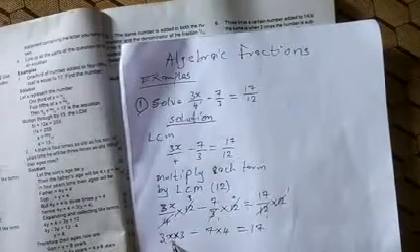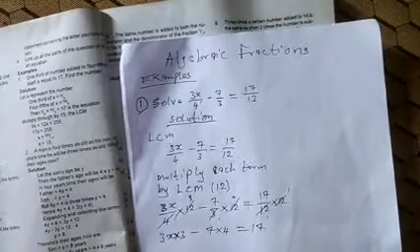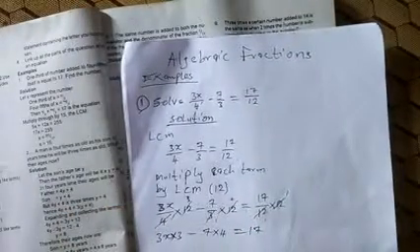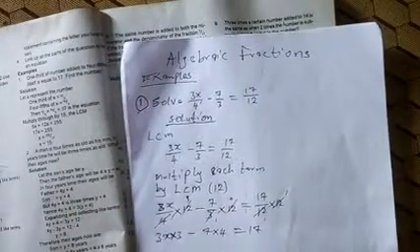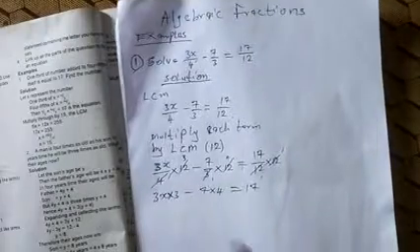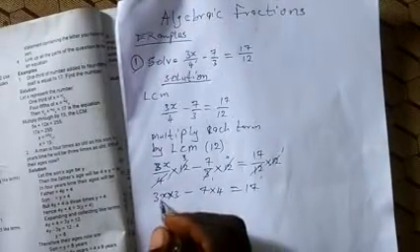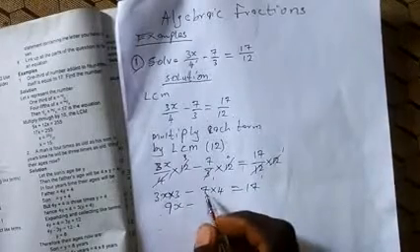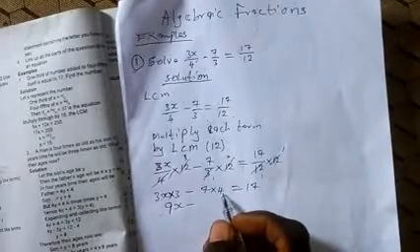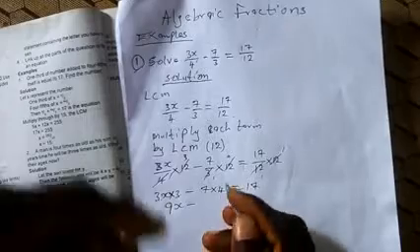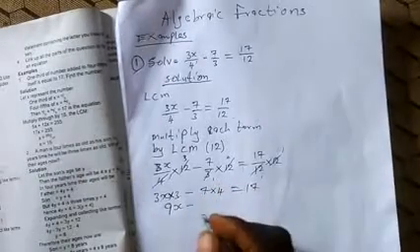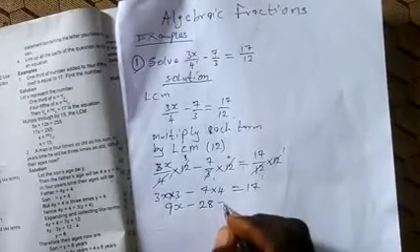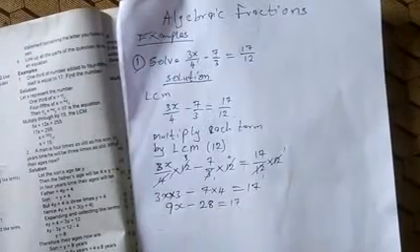Now 3x times 3 is 9x, minus 7 times 4. 7 times 2 is 14, so 7 times 4 will be 28. So we have 28 here equals 17.